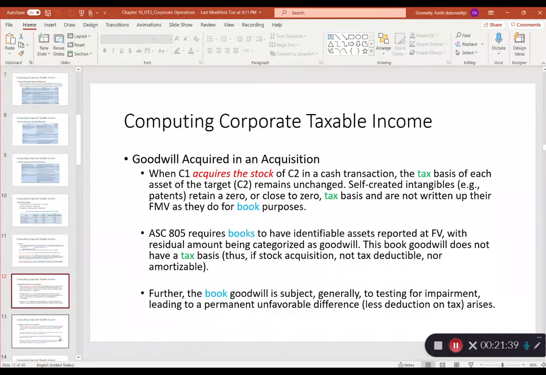On books, as I have here, ASC 805 requires books to have identifiable assets reported at fair value, with any residual amount being categorized as goodwill. As I have here, the book goodwill does not have a tax basis. Thus, if we have a stock acquisition, Corporation 1 acquires the stock of Corporation 2, goodwill is not going to be tax deductible nor amortizable. There's no tax basis on it. So just be aware, if we acquire the stock, there's going to be goodwill differences, how we do it on the books versus how we do it on the tax return.